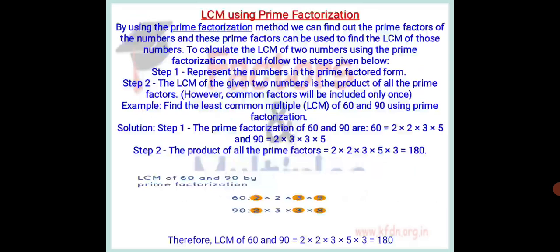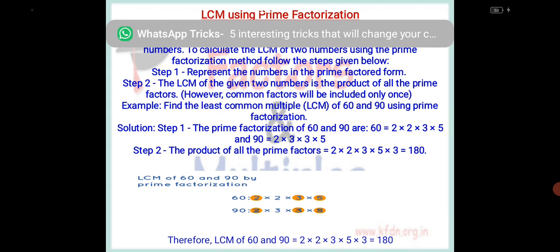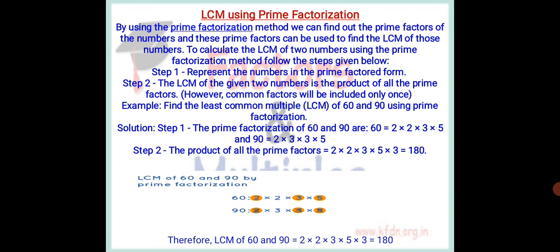Then the LCM of the given two numbers is the product of all the prime factors. However, common factors will be included only once.